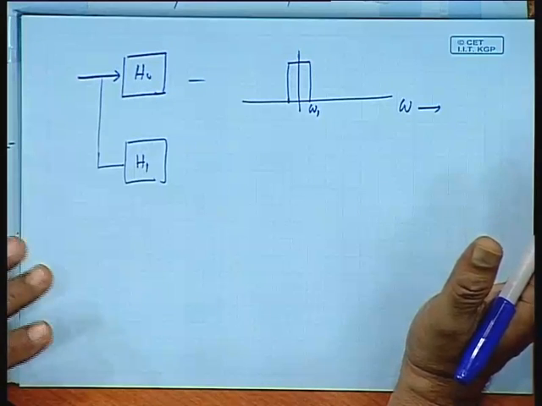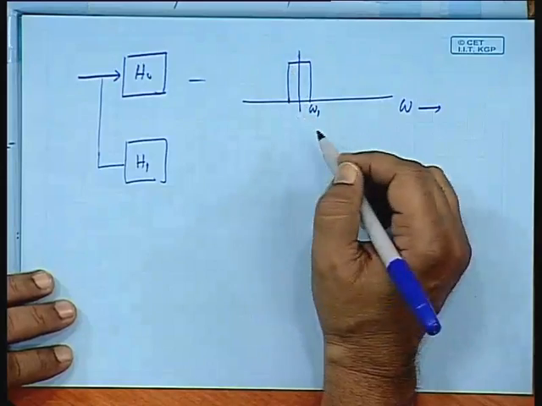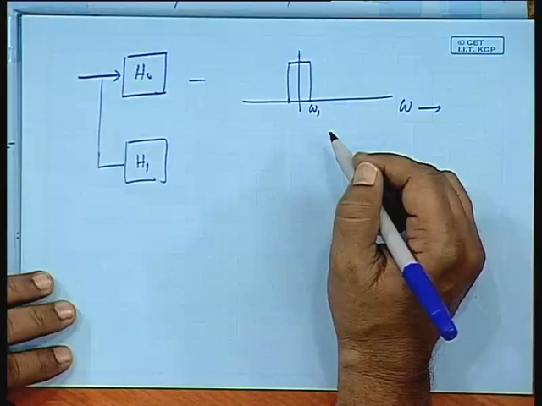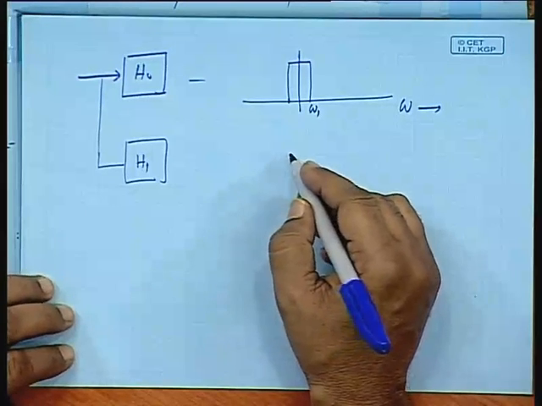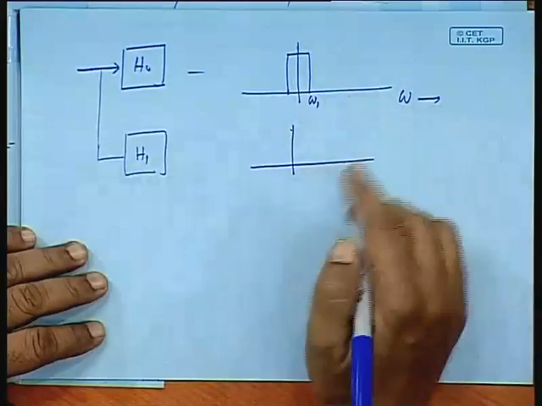Why? When do you have absence of symmetry? When the coefficients are complex. For real coefficients H0, H1, H2, for e to the power plus j omega or e to the power minus j omega, the magnitude will be symmetrical. So, for the time being I am taking a symmetrical structure.